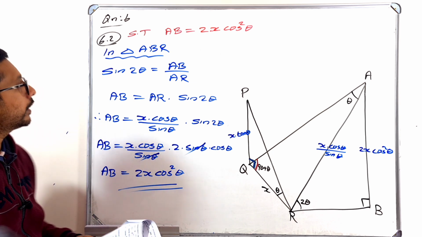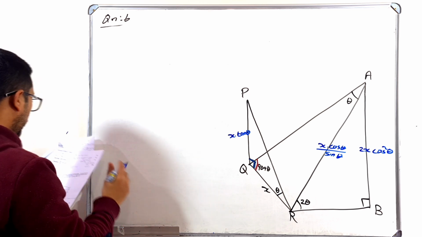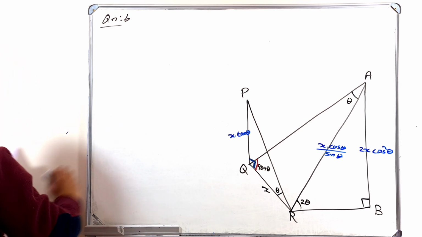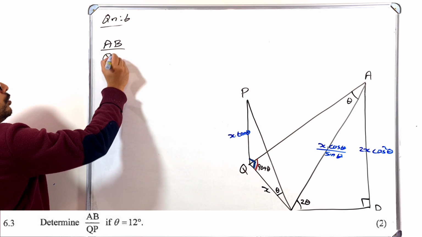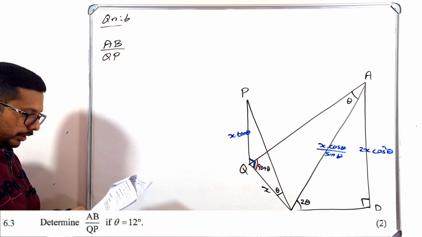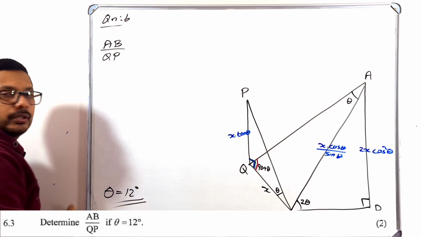Now this question is you have to determine AB by QP. Okay, so let me erase this one. So you have to find AB by QP, and it is given that theta is equal to 12 degrees. Okay, don't forget that.